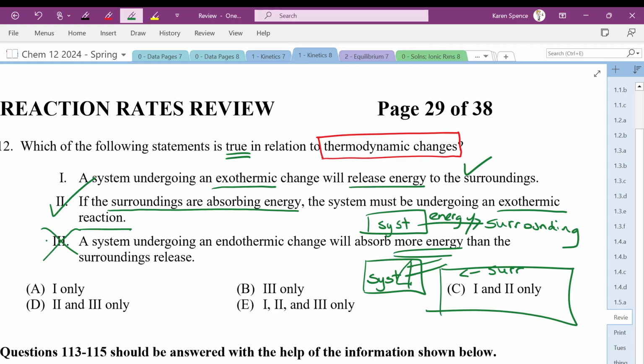And if you're wondering about thermodynamic changes, thermo has to do with heat. Dynamic means changing. So it has to do with changes in heat. But you don't need to know the word thermodynamic. That's another test trick.